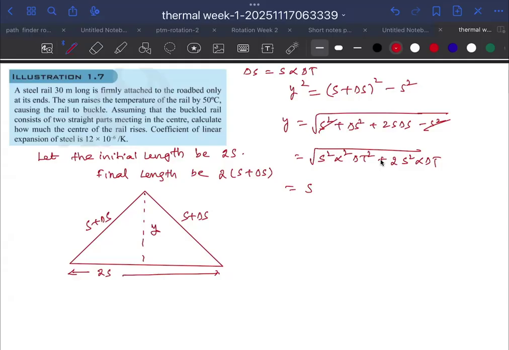That's all. Rest everything is inside, and that will become alpha square delta T square plus 2 times alpha delta T.